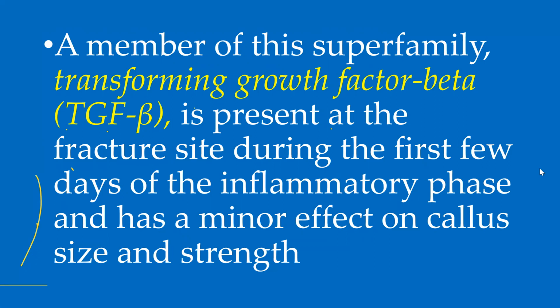Don't forget about the transforming growth factor TGF beta. Don't forget about the fibroblast growth factors. All these are present early in the hematoma, and all these growth factors are involved in inviting mesenchymal cells to change into osteoblasts and chondrocytes during the process of callus formation.